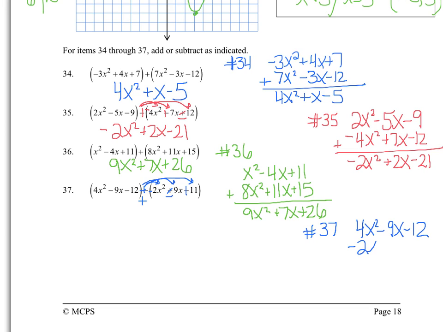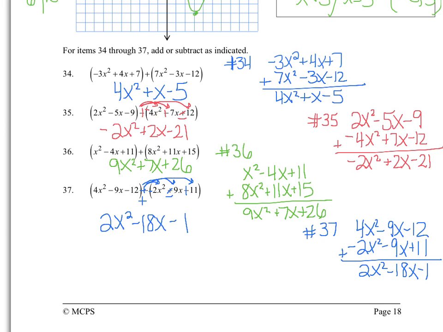So I'm going to have negative 2x squared minus 9x plus 11, and I'm going to be adding them together. 4x squared minus 2x squared is 2x squared. Negative 9x minus 9x is negative 18x. And negative 12 plus 11 is negative 1. So my answer is going to be 2x squared minus 18x minus 1.